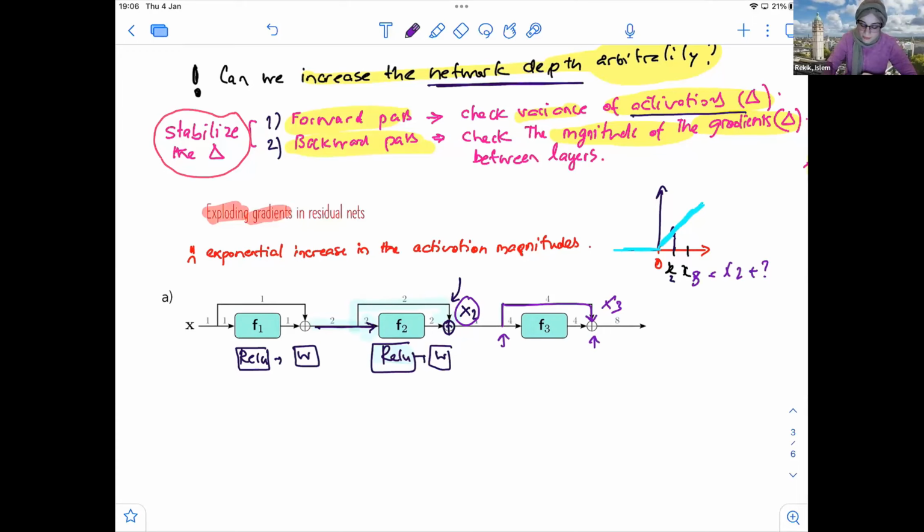You're making your values bigger and bigger and bigger. And as you add more residual blocks like this, with this self-feeding or self-increasing operation, you're going to end up with an exponential increase in the activation magnitudes.